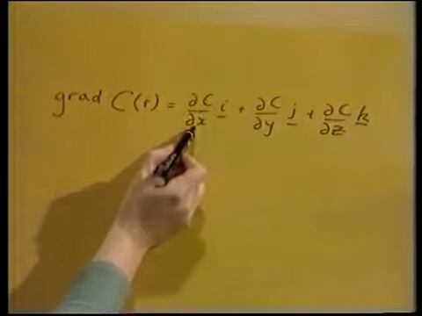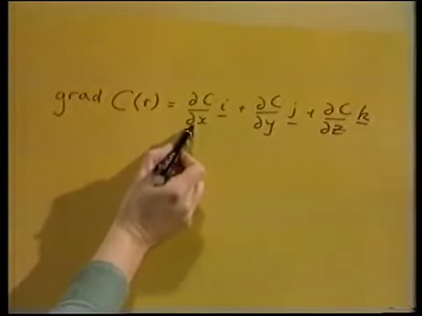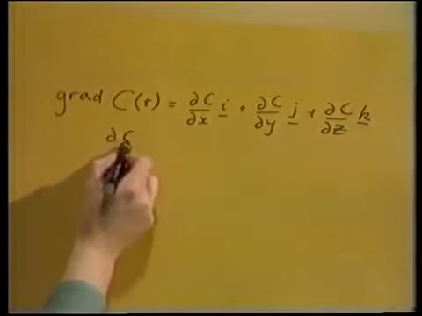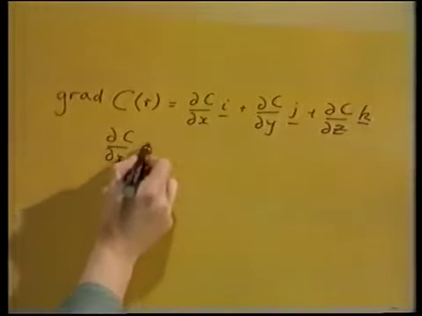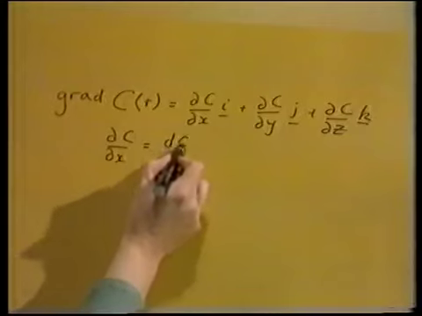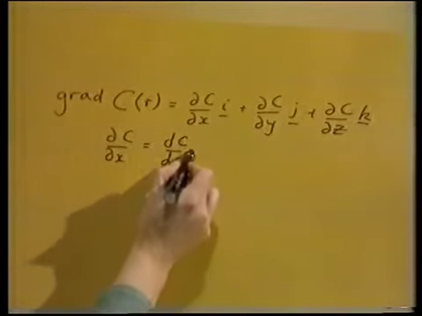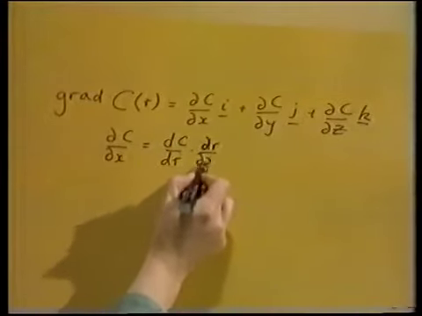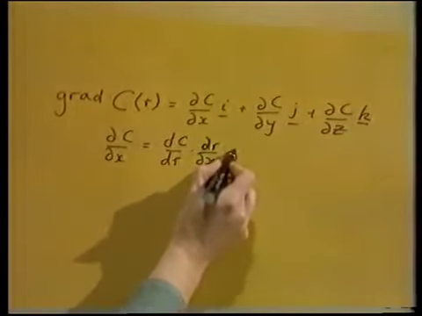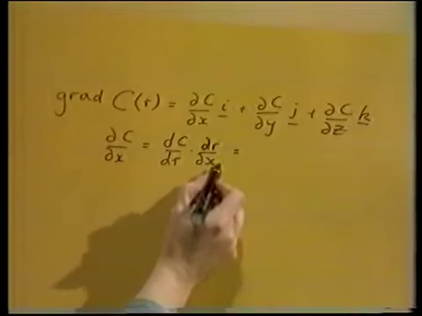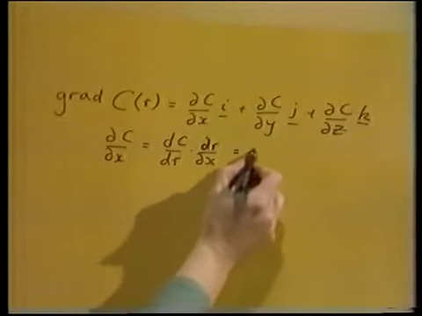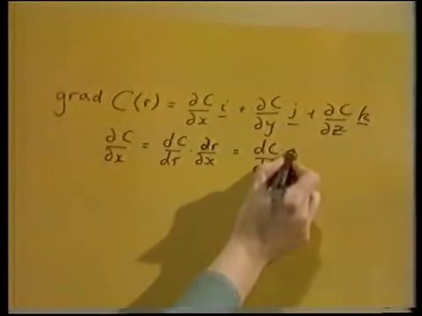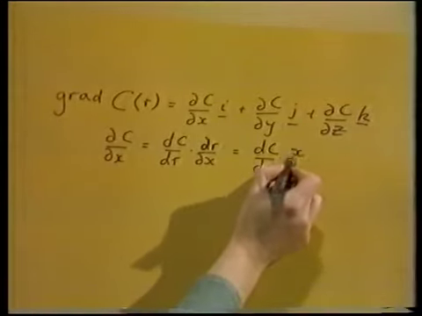C is only a function of r, so I'm going to have to use the chain rule to work out what ∂C/∂x is. ∂C/∂x is equal to dC/dr times ∂r/∂x. And we've just worked out that ∂r/∂x is x over r.